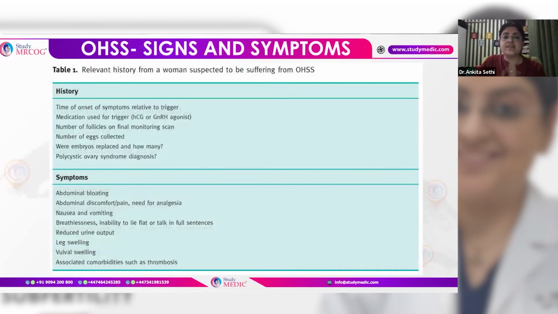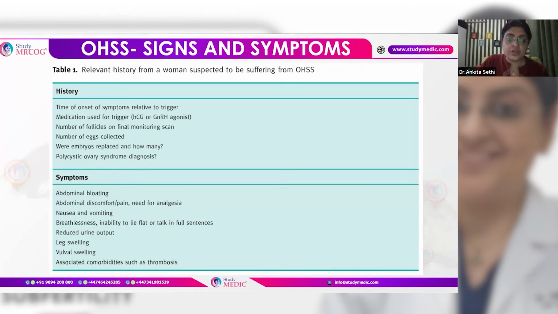What are the signs and symptoms of OHSS? A very frequently asked question on OHSS. What is the history which will help us suspect a patient that may have OHSS? Time of onset of symptoms relative to the trigger. The medication used for trigger, whether it was HCG or GnRH agonist.